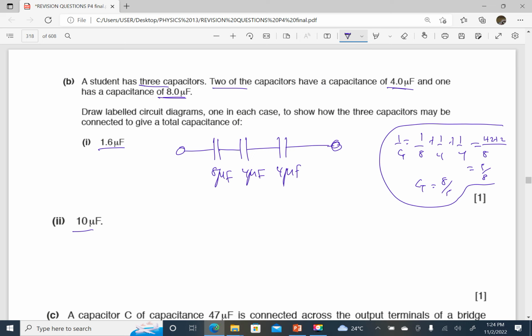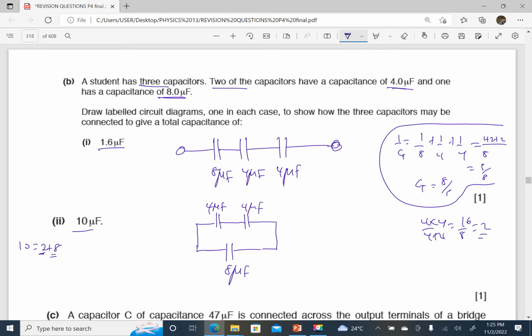That means capacitors giving 2 microfarads should be in parallel with the capacitor of 8 microfarads. This will be equivalent to having 2 capacitors in series of 4 microfarads. So this is 4, that is 4, but in parallel with the capacitor of 8 microfarads. Do not forget to add the connecting leads.